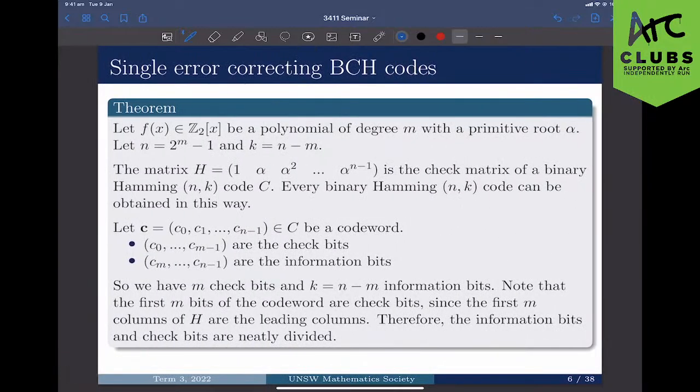Now, if we have a code word, C0 to C n minus 1, the first m bits are the check bits, and the next k bits are the information bits. The first m bits of the code word are check bits because the first m columns of H are the leading columns.